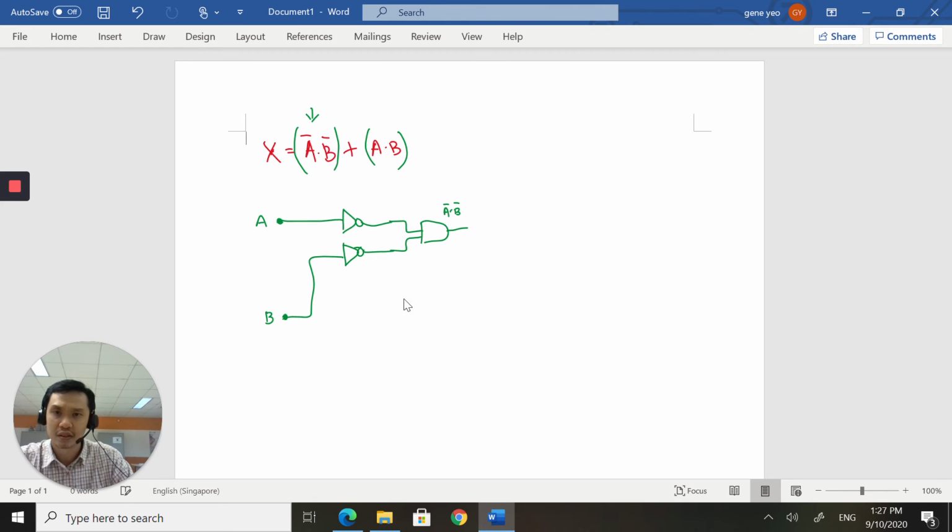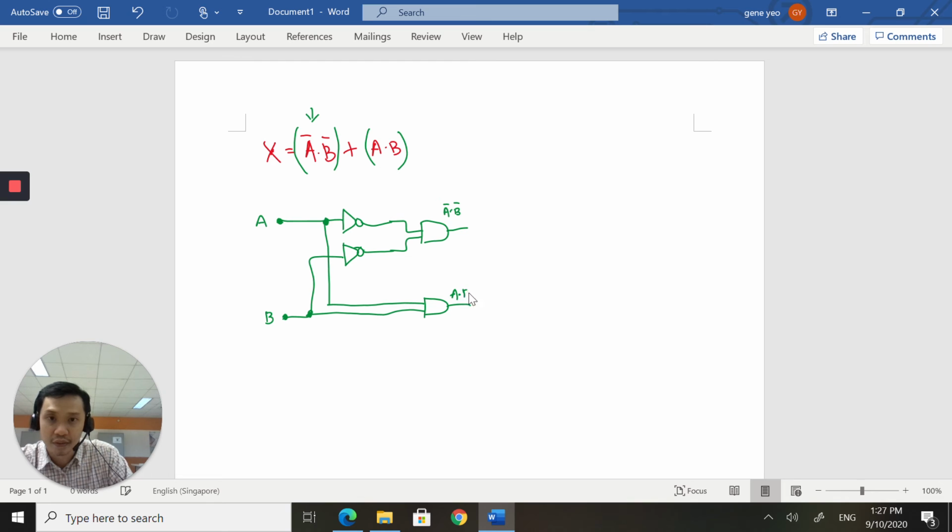Now let's go on to A and B. I just want A and B. Very simple. Don't forget the dot. I'm going to need A coming here, going here. So this is my second intermediate output, A and B. And these two are ORed together.